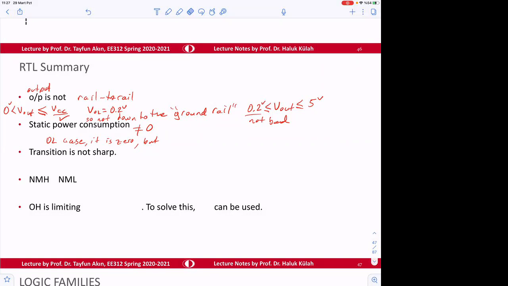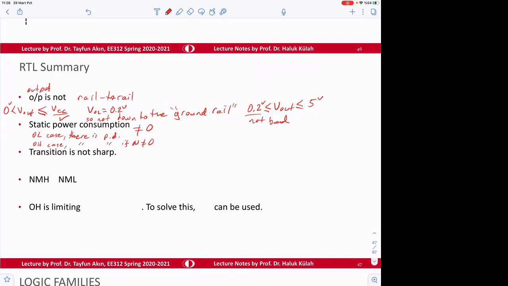Let me just erase this. Output low case, there is power dissipation. Output high case, there is power dissipation, if n is not equal to 0.